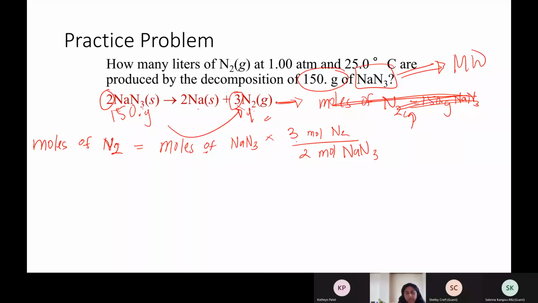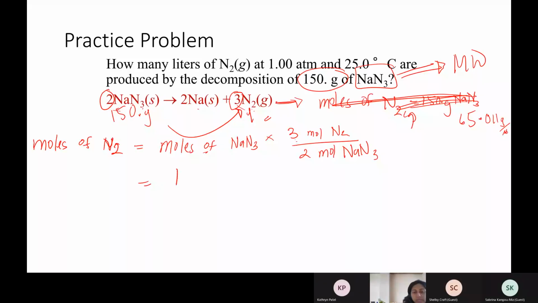Okay, it's 65.011. Thank you. 65.011 grams per mole. Okay. Thanks. Right, so we'll find the moles of NaN3.